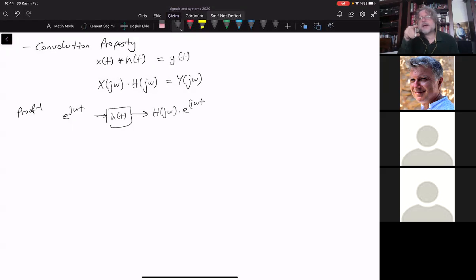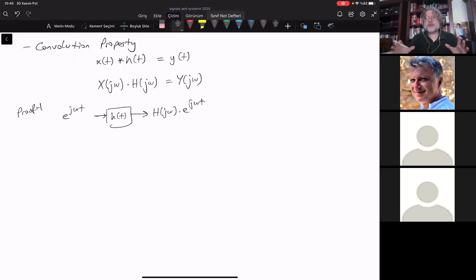This is something that I explained to you during the Fourier series. And I said that if you scale and combine the left-hand side exponential terms, you have to scale and combine the right-hand side terms too. So every Fourier series coefficient a_k is therefore multiplied by H of j omega at omega equal to k times omega 0.